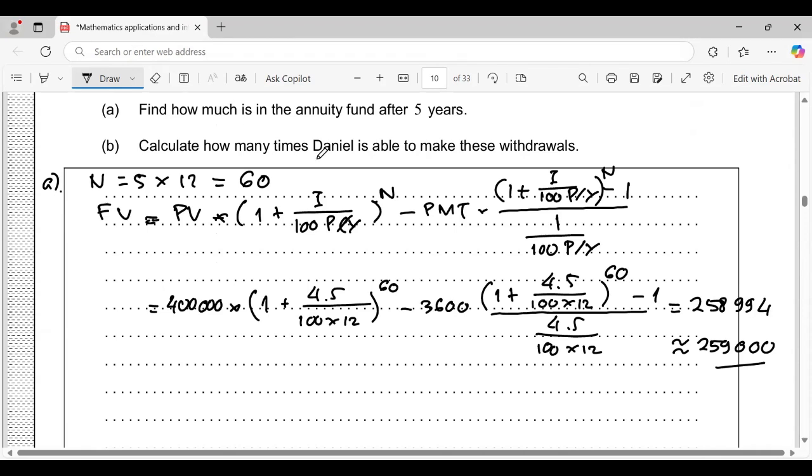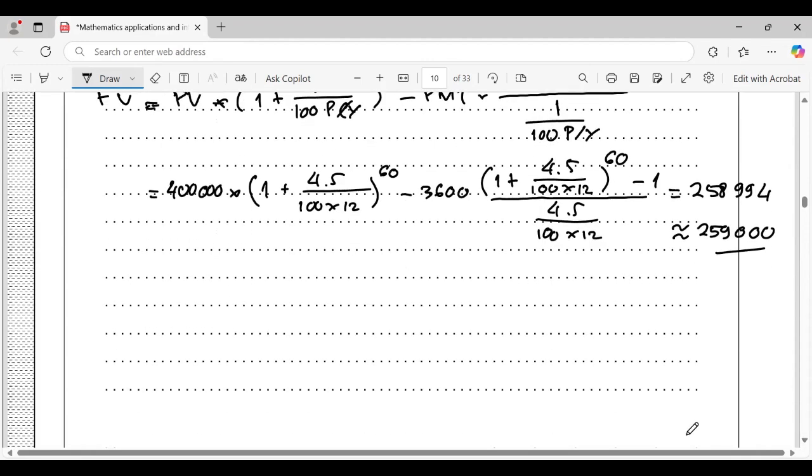Part B: calculate how many times Daniel is able to make these withdrawals. It is a different formula for this part. For part B, the formula is N equals, I would like to use log, you can use ln.